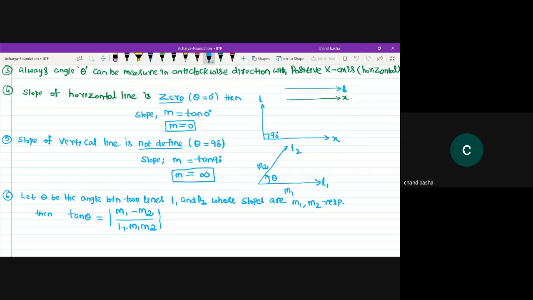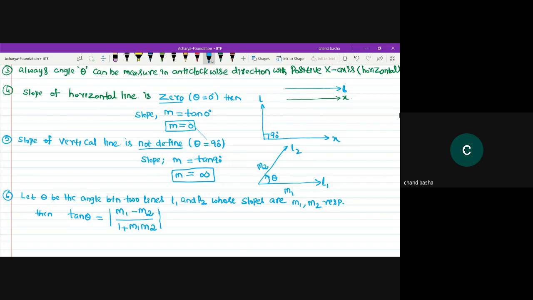No negative values will come when we use modulus. Modulus means the absolute value function, which converts negative quantity to positive quantity. Hope you can understand. These are 4-5 points, guys.